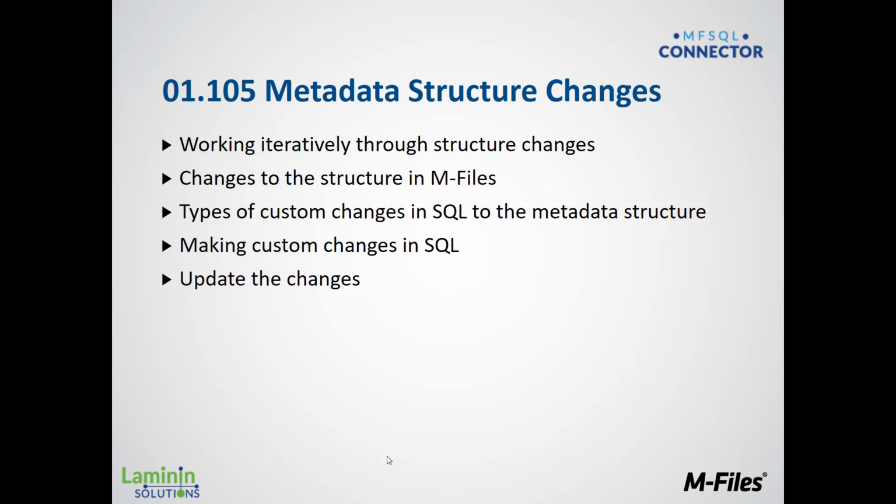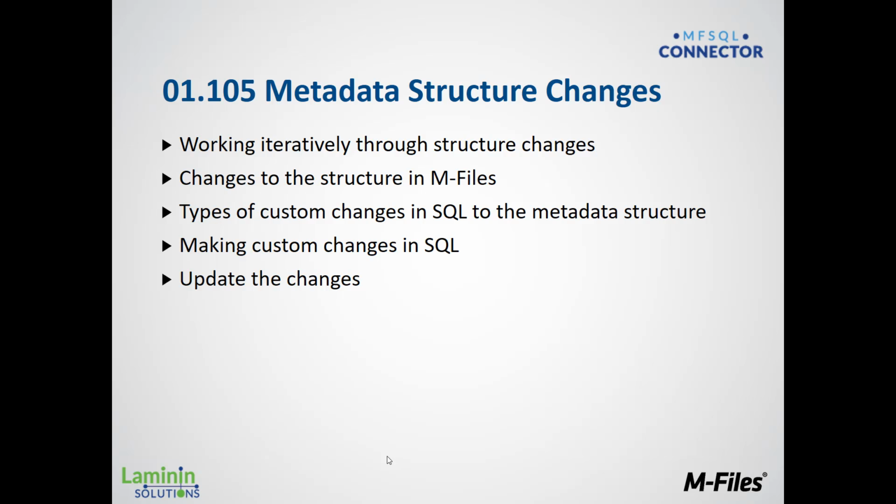In the examples for the metadata structure changes, we will talk about the iterative process of working through structure changes of the metadata. We will make a change in the structure in M-Files and see how that reflects in SQL. We will also talk about different types of changes that can be made in SQL to the metadata structure that doesn't affect M-Files and support an integration project.